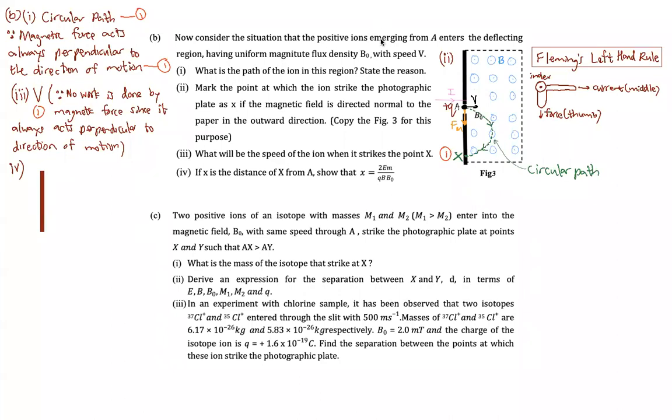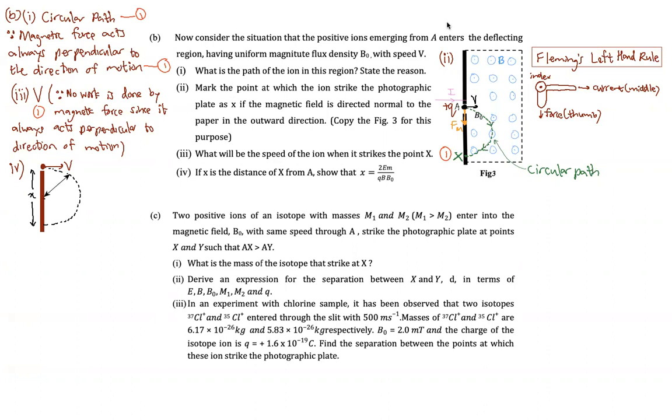Our charge is entering at speed v, and the whole distance is x, correct? This whole distance is x, people. And what is this? The distance I'm marking. Tell me what this distance is.